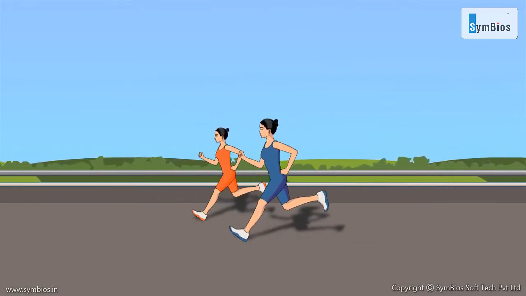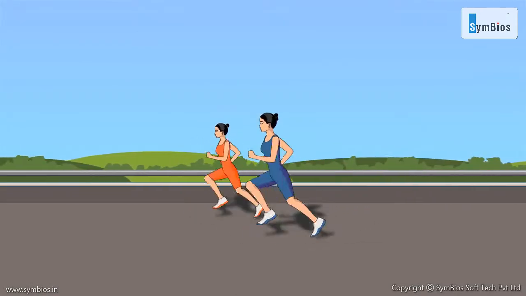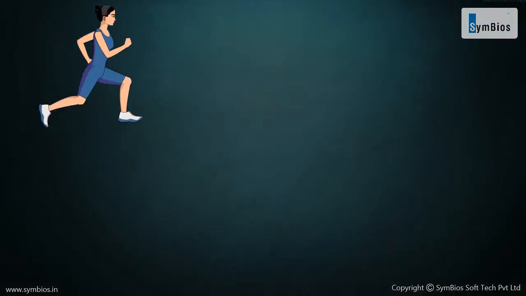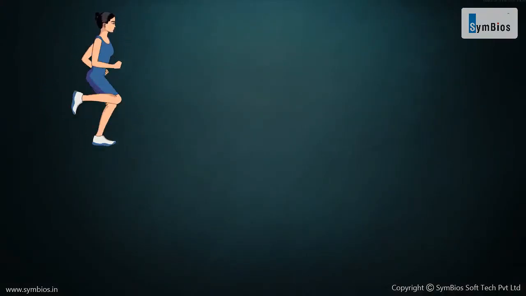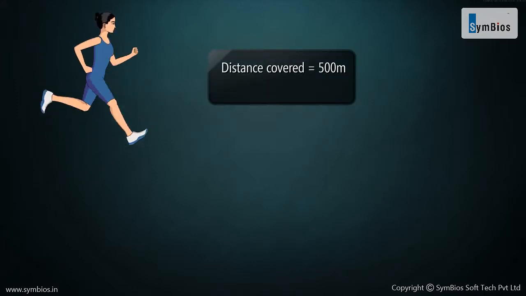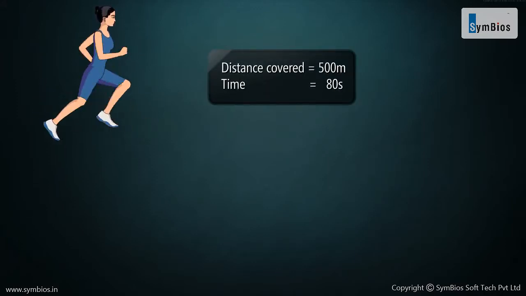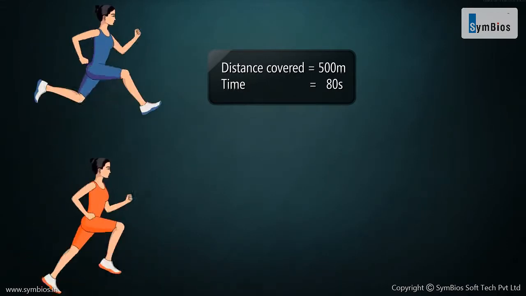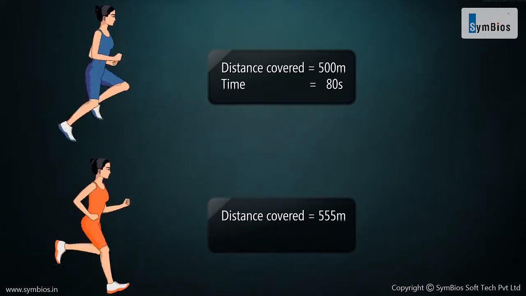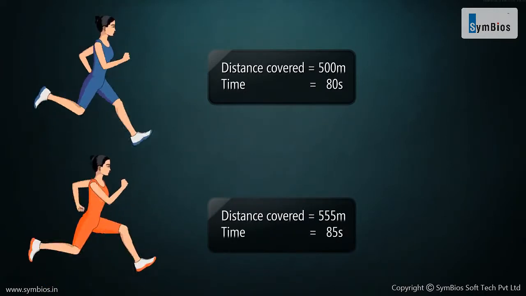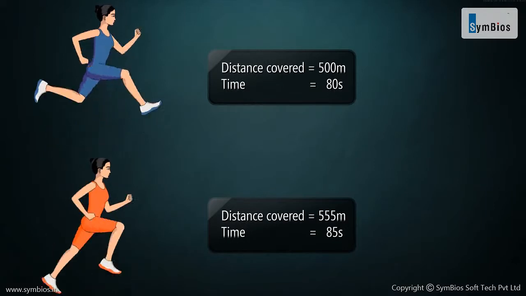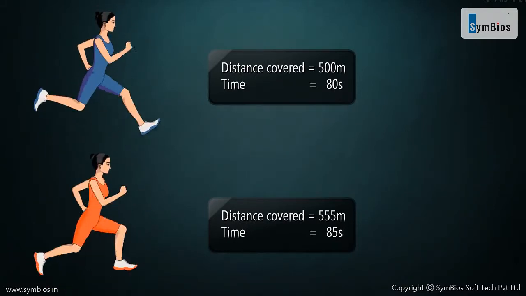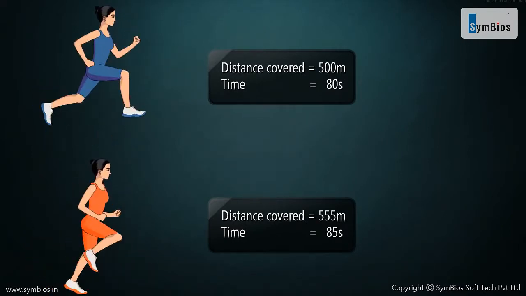Example: let us find out which of these runners is faster. The first runner covers the distance of 500 meters in 80 seconds and the second runner covers the distance of 555 meters in 85 seconds. This means the rate at which both the runners are moving is different.